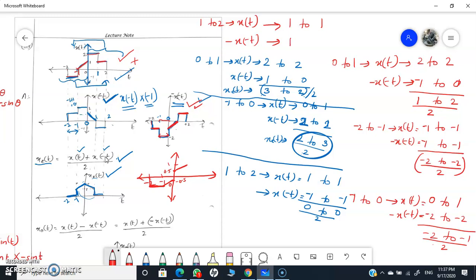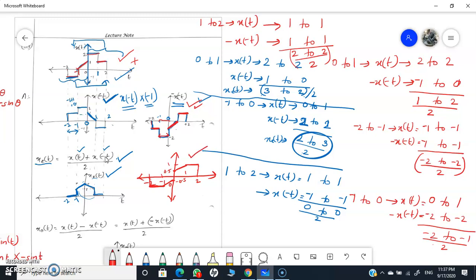If I am taking the sum, it will be varying from 2 to 2. Dividing by 2, it will be 1 to 1. That means I am getting the amplitude maintained at 1 from 1 to 2. So this will be the odd component of the signal.